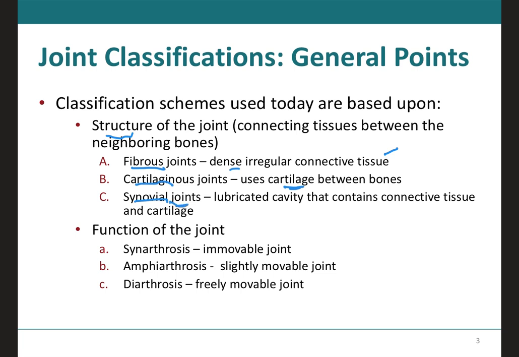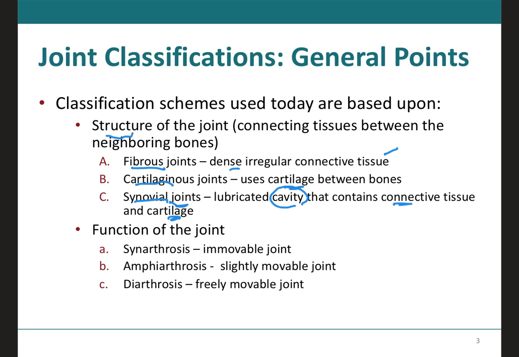And the synovial joints will actually be made up of the two, so connective tissue and cartilage, and in the middle it's going to form a cavity which will contain a fluid. And this fluid is going to be important because it will lubricate the cavity to decrease the friction between the two bones in that specific joint.